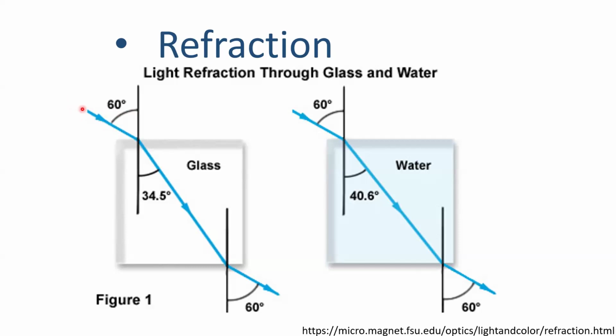If a single light mode, single light beam, hits the interface under a certain angle and the environment changes, then the light mode or the beam is going to get affected. Angle of incidence and angle of refraction is going to be different.